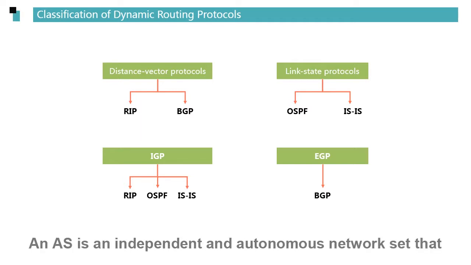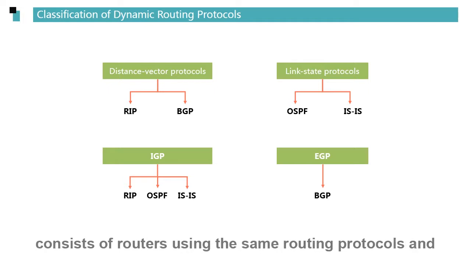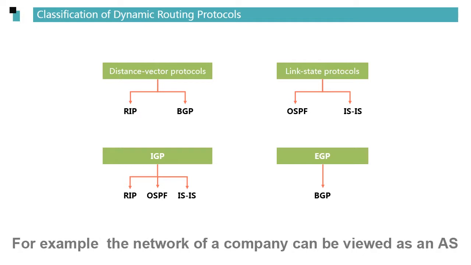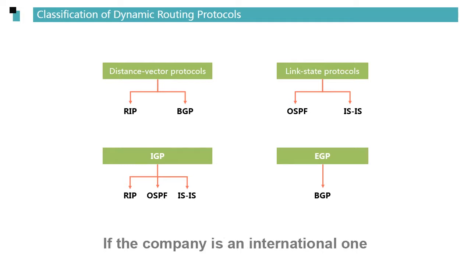An AS is an independent and autonomous network set that consists of routers using the same routing protocols and a routing policy and is managed by a technical administration. For example, the network of a company can be viewed as an AS. If the company is an international one, each branch of it can be viewed as an AS.